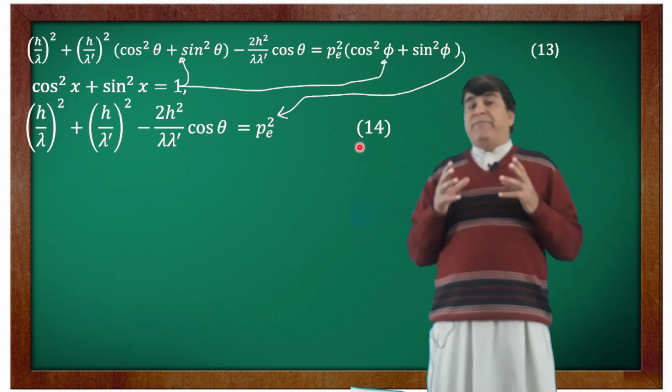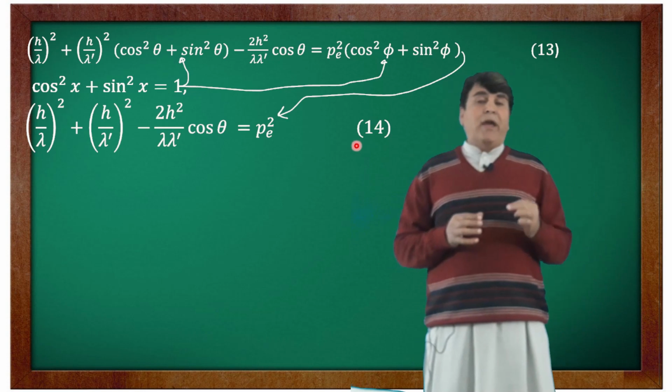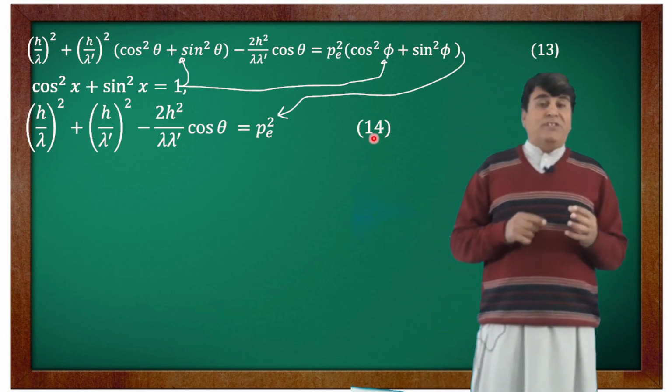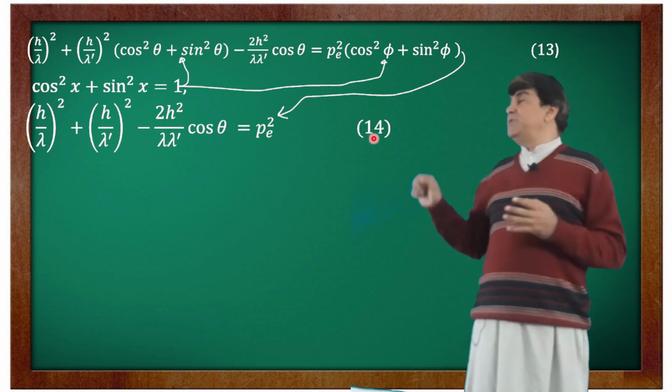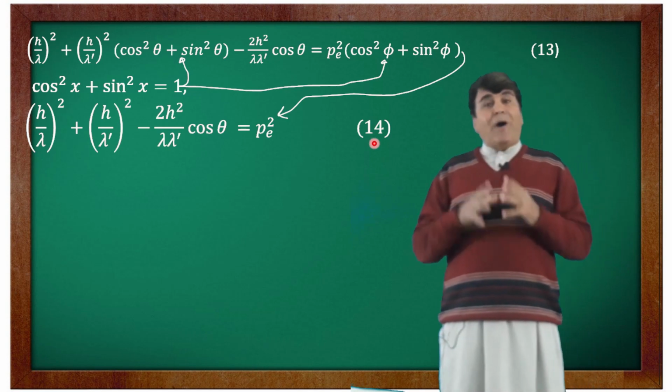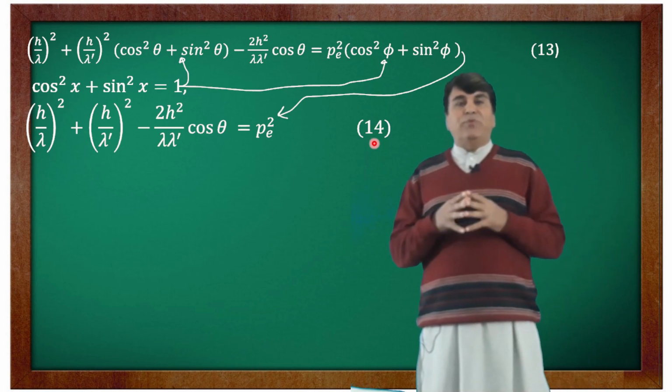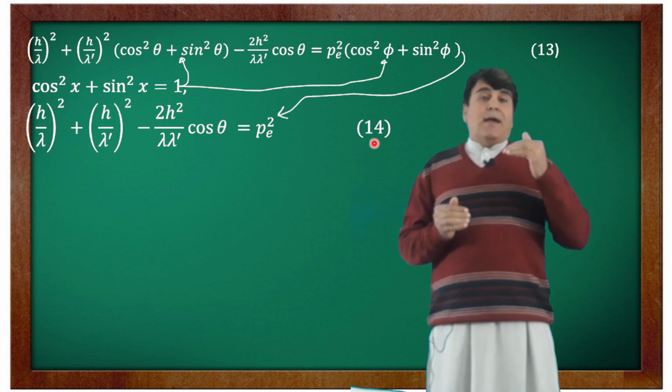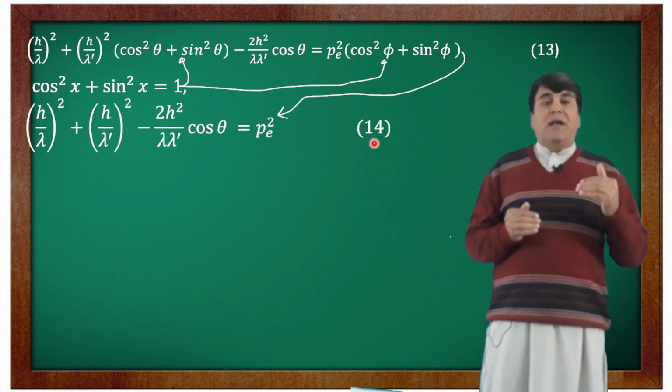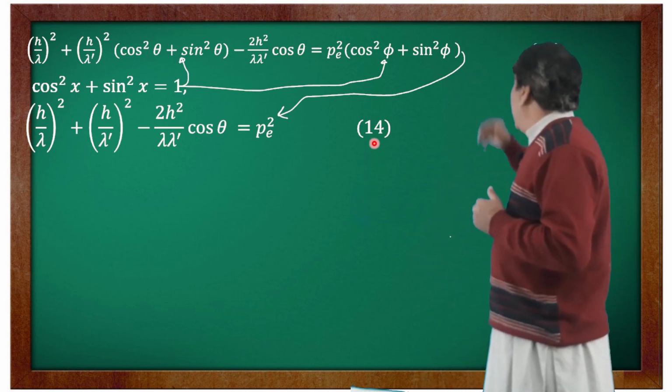Now we have derived two equations for the square of the momentum of electron, which is equation 4 and equation 14. So I can compare these two equations with each other, and I get this lengthy equation.